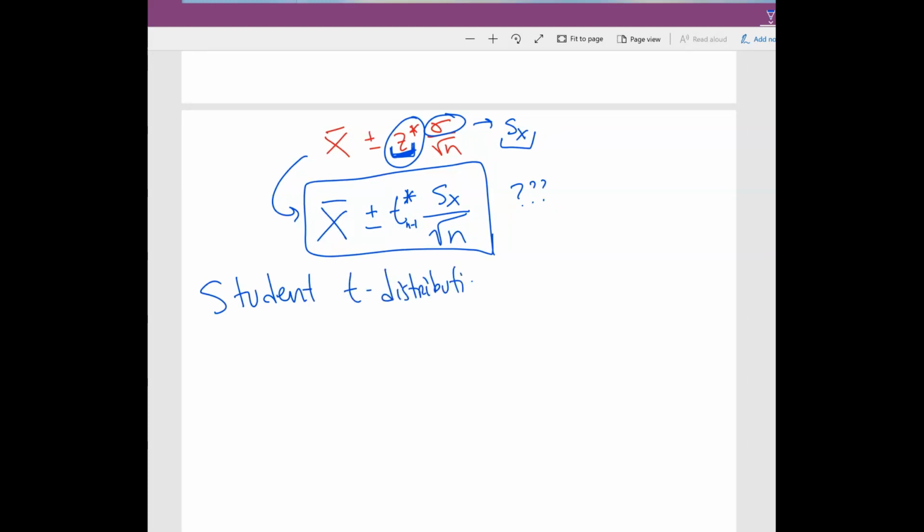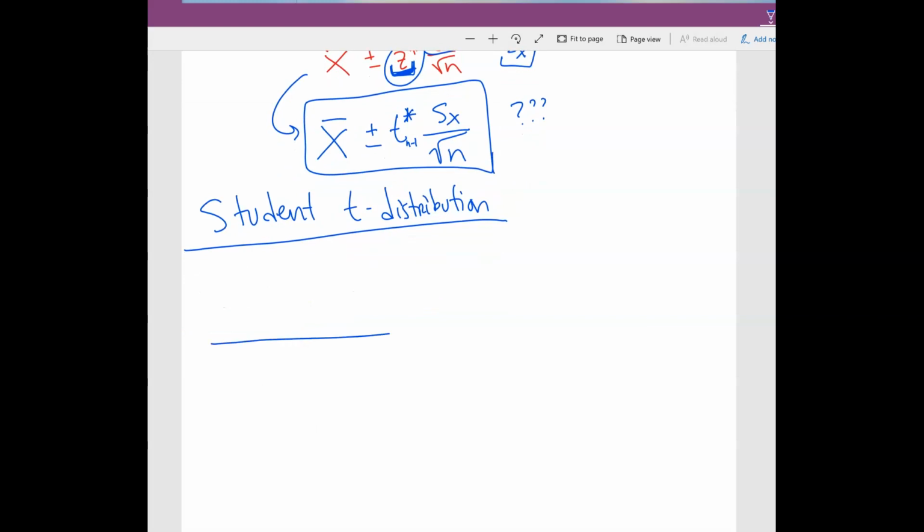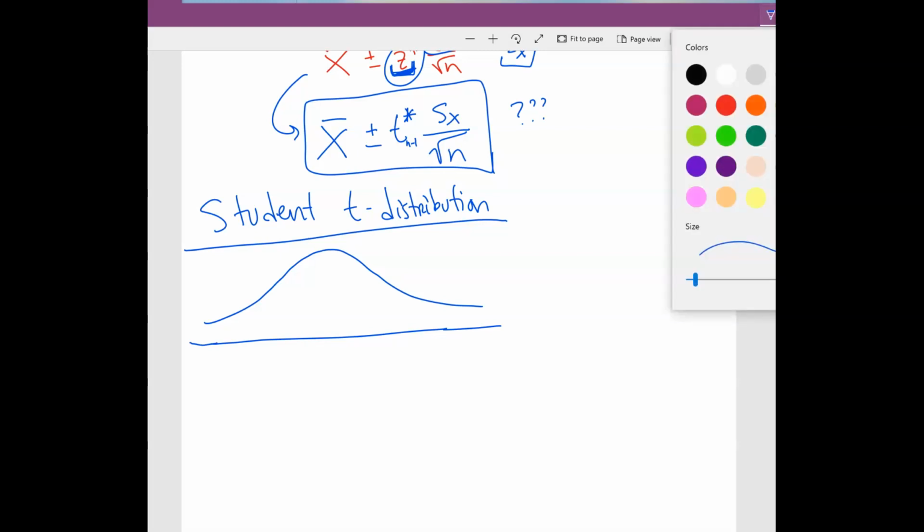Basically, the student t distribution looks like this. You might think, wait a minute, this looks just like a normal curve. Well, there are some differences.